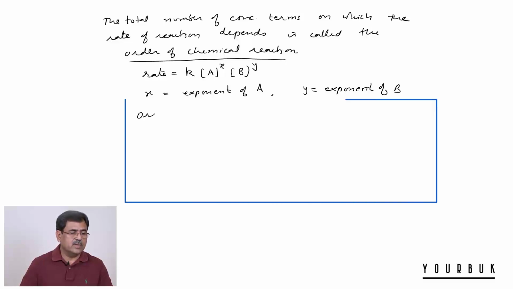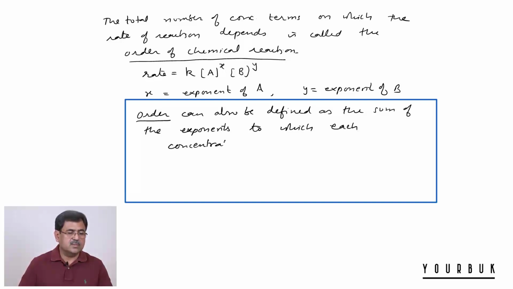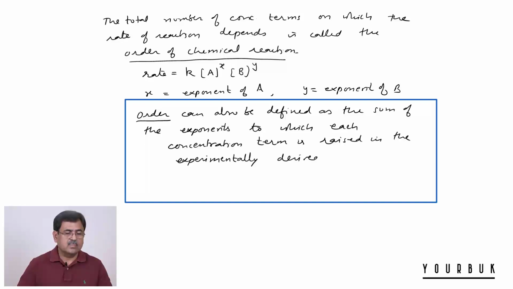So order can also be defined as the sum of the exponents to which each concentration term is raised in the experimentally derived rate equation or rate expression.